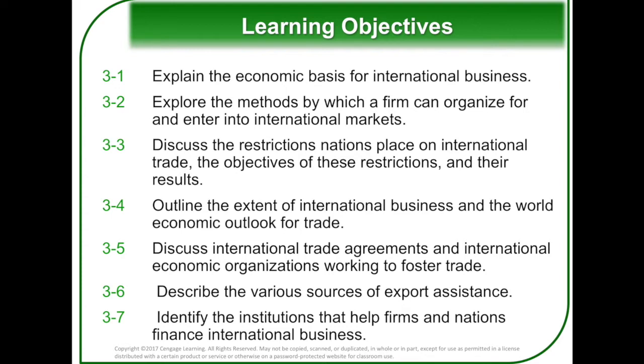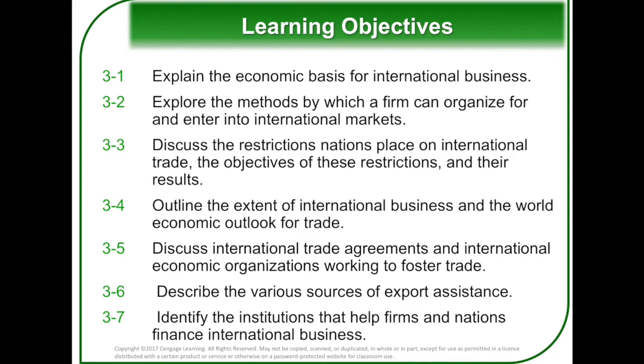Learning objective 3 covers discussion of the restrictions that nations place on international trade, the objectives of these restrictions, and their results. Learning objective 4 will outline the extent of international business and the world economic outlook for trade.